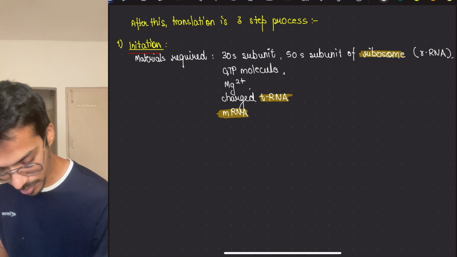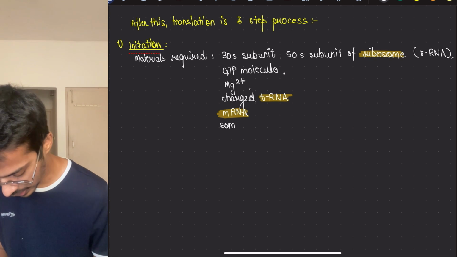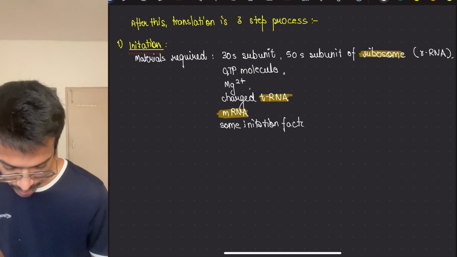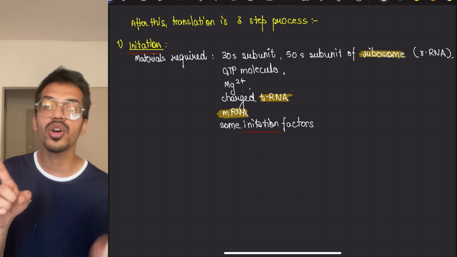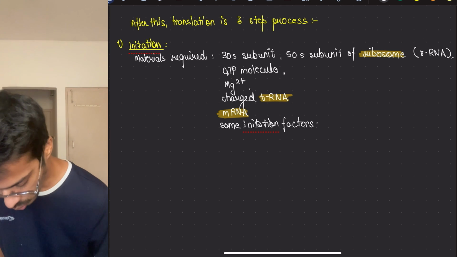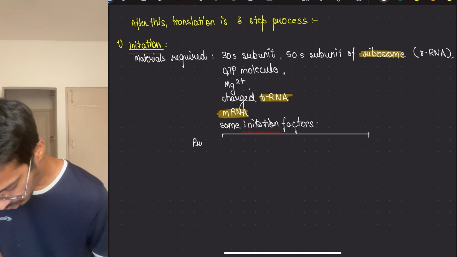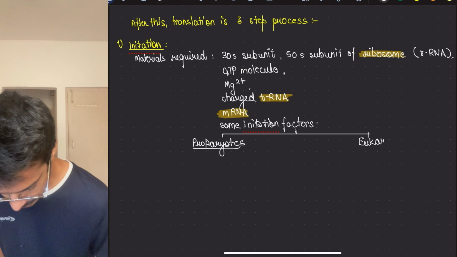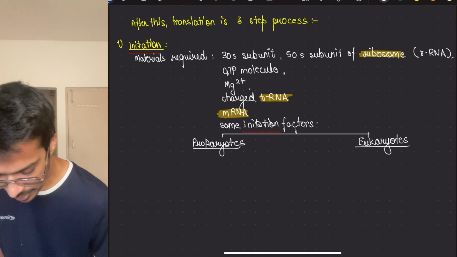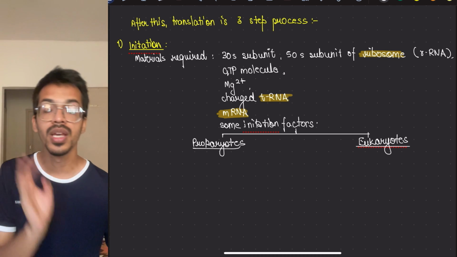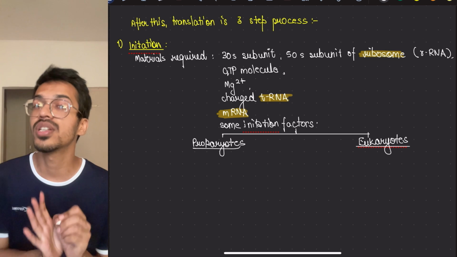Now the next thing would be some initiation factors. The initiation factors in prokaryotes and eukaryotes are different. So over here we are going to be naming them. So prokaryotes and eukaryotes. Now in prokaryotes, there are only 3 initiation factors: 1, 2 and 3. But in eukaryotes, a lot of initiation factors are there.